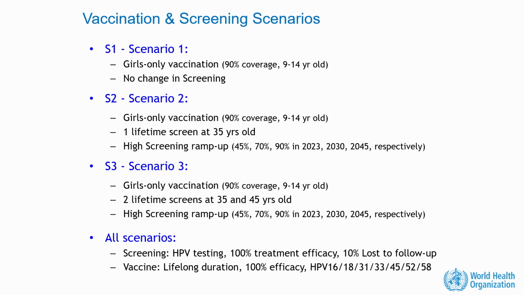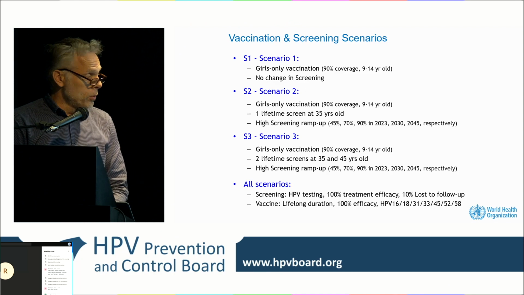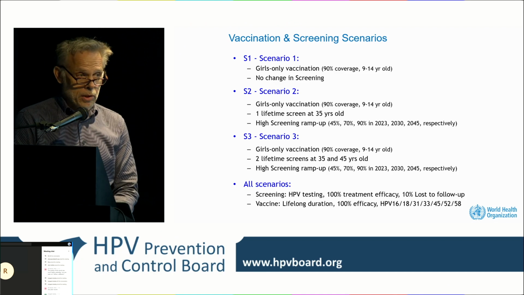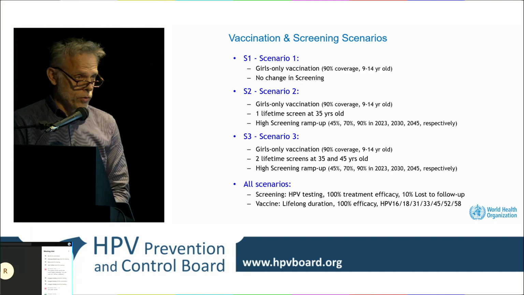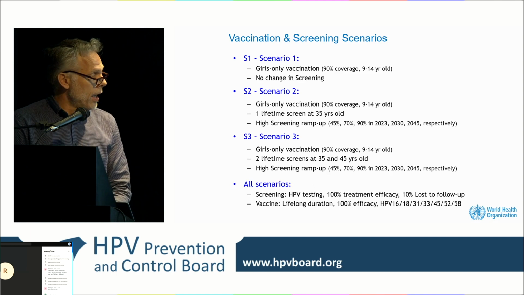You will see some of the assumptions about ramp up, and this is about the screening: how quickly is it realistic that screening could be introduced in many countries that don't have it. For vaccination, we ended up using 90% coverage for the girls. When we look at some of the issues with boys, we also use those same levels.